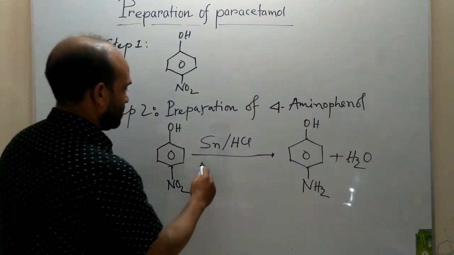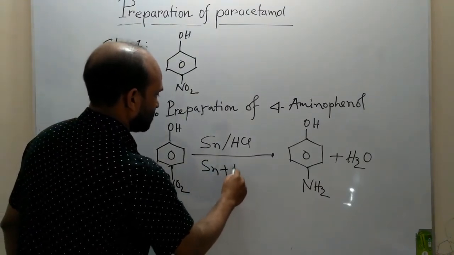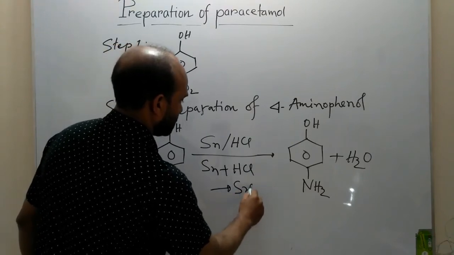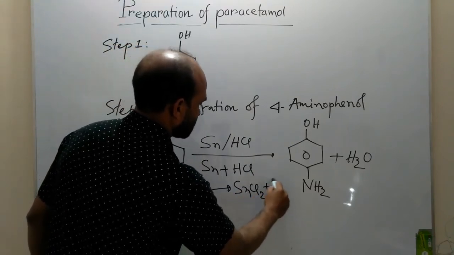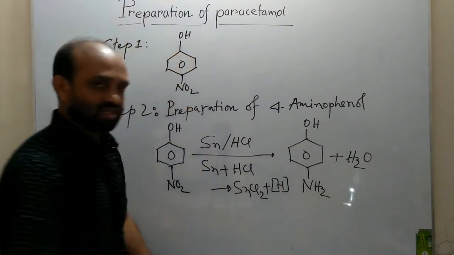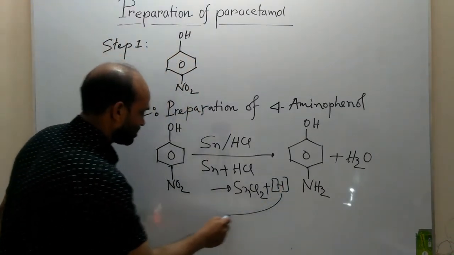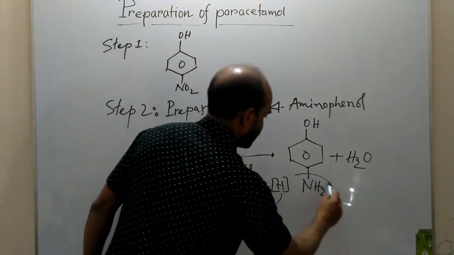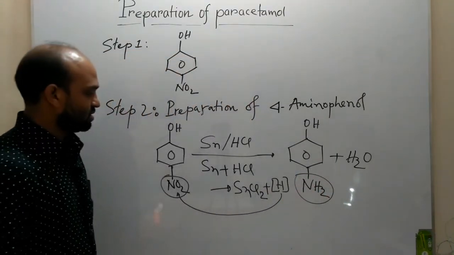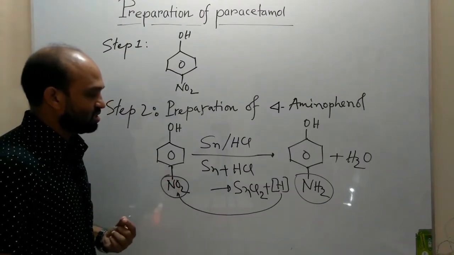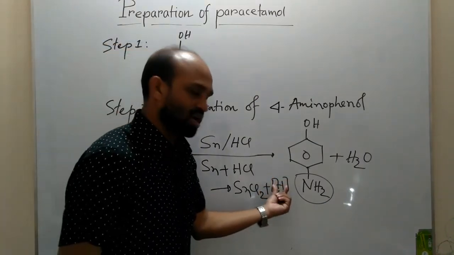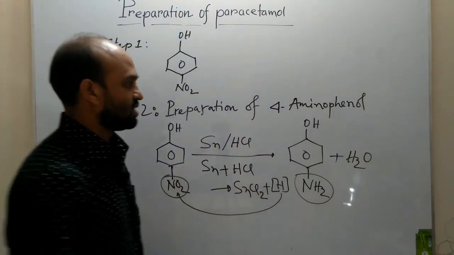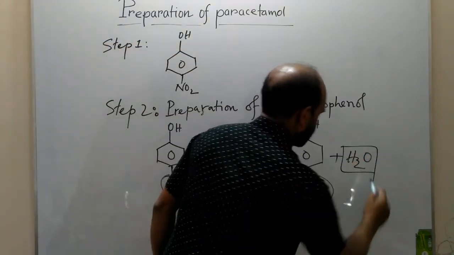Tin reacts with HCl and produces stannous chloride and nascent hydrogen. This nascent hydrogen reduces this nitro group as amino group, and this oxygen reacts with hydrogen produced from tin and HCl, and water is produced.